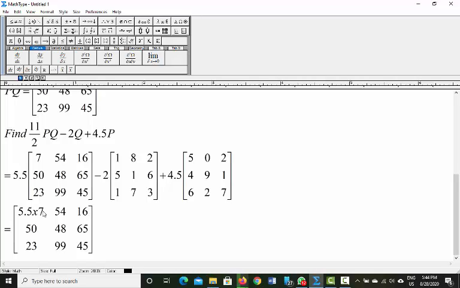So 5.5 multiplied by 7 will be equal to 38.5.